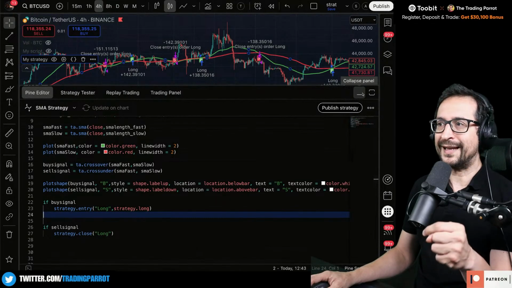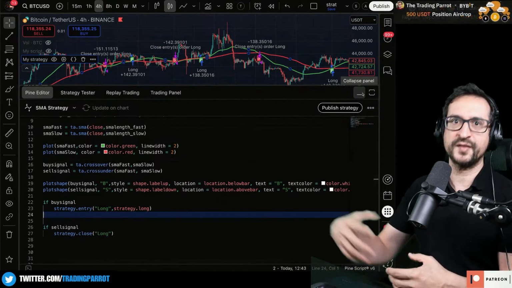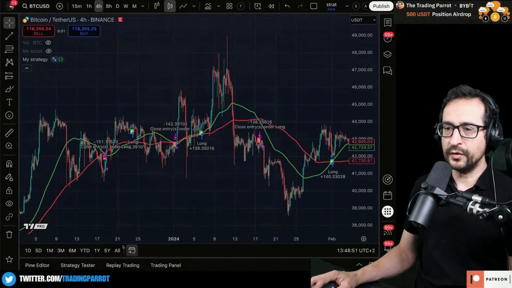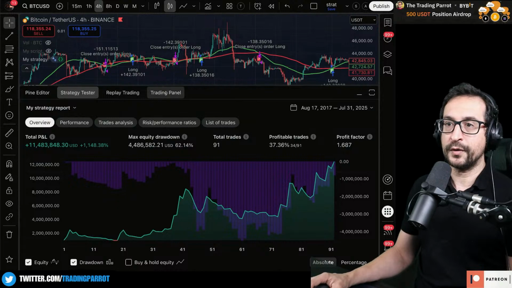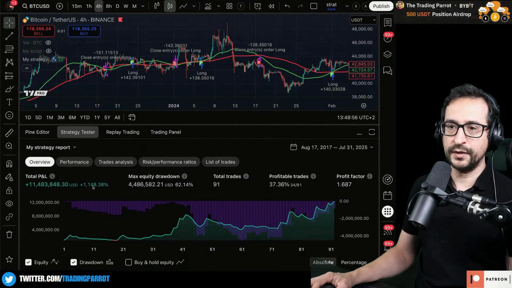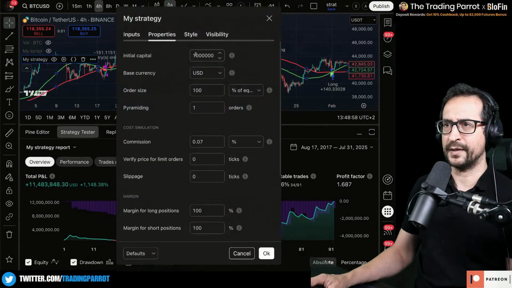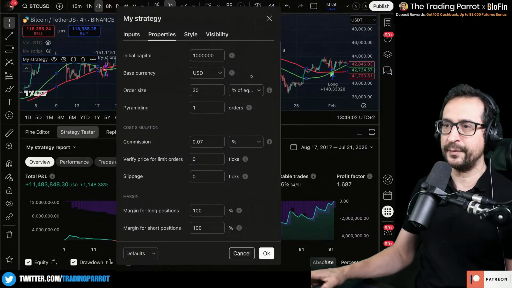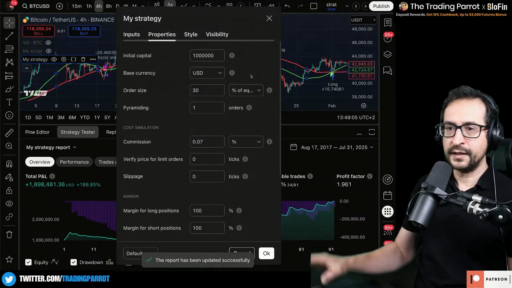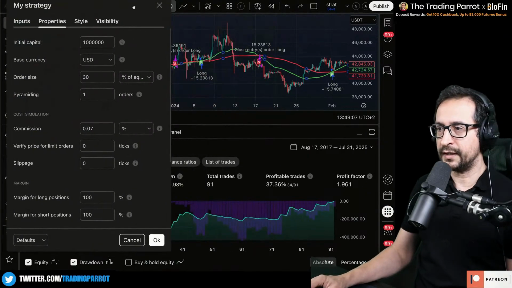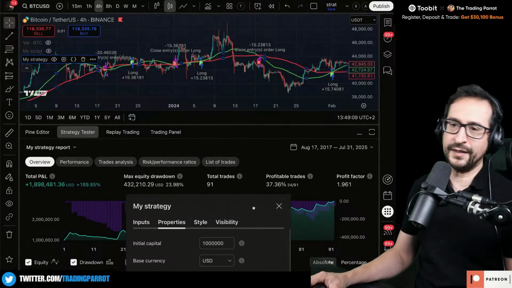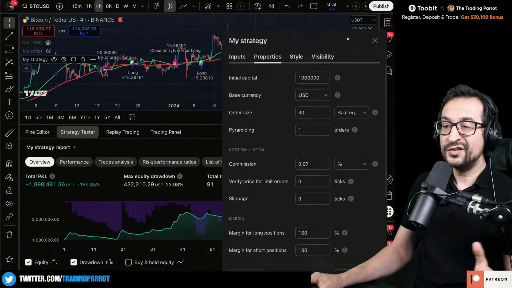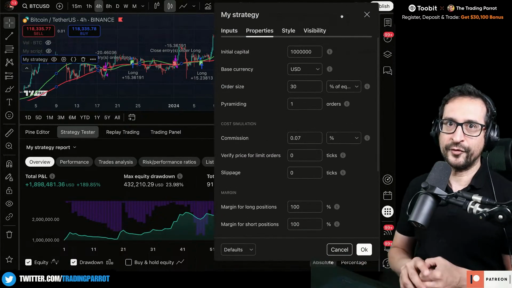Before we go into a limit exit with a fixed percentage exit, what we could do is also explore. Let's put this into some typical number. 100% is too much. Let's do 30, which is already pretty degen. And that gives us 189% and a drawdown of 23%. Okay, 23 is not necessarily the best for trading with leverage.